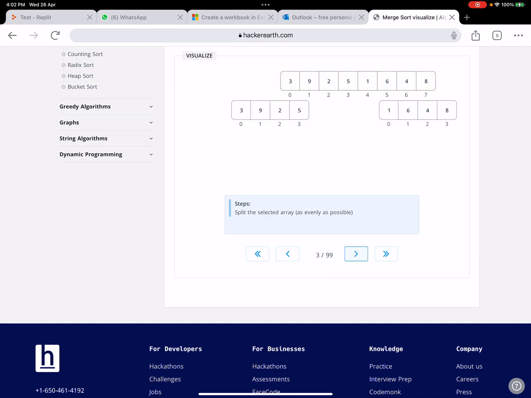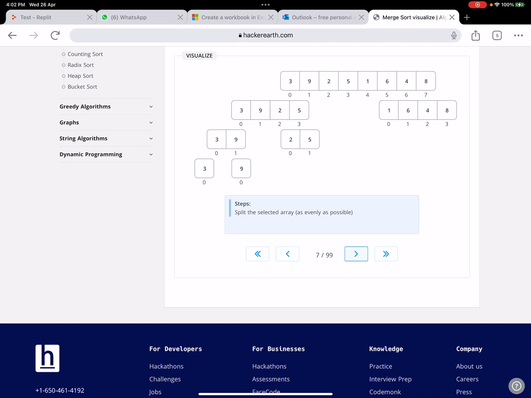In the first step, we divide this array into 2 arrays. Every array has 4 elements. And again, we divide this array recursively into 2 parts. We have 2 arrays, every array has 2 elements, and we take one, and again recursively we divide this array into 2 sub-arrays.